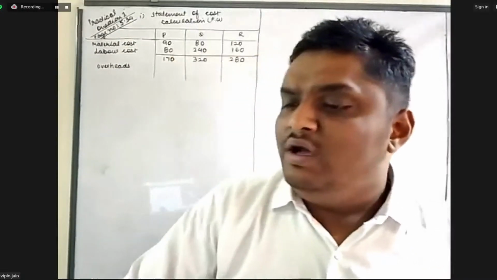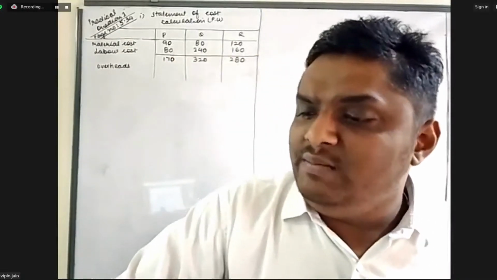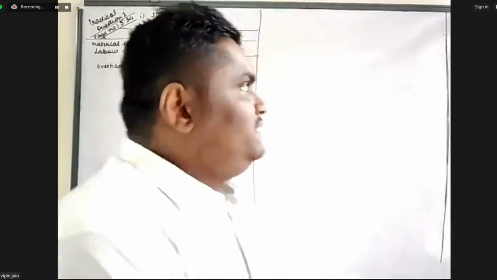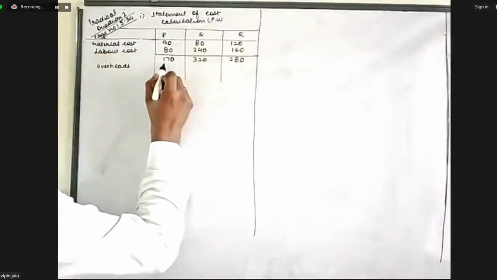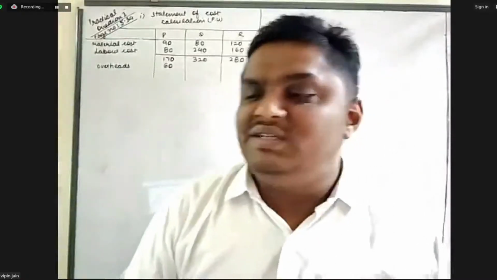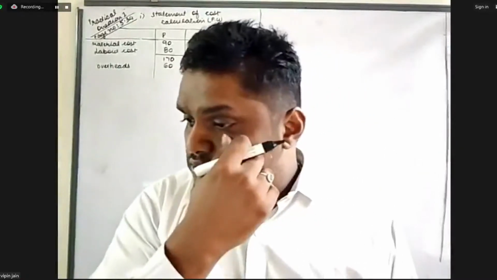Further, the machine hours per unit is also given. So every unit requires 10 machine hours for product P. So 10 into 6, 60 will be the overheads in case of P. No need to calculate the absorption rate because it is given in the question.